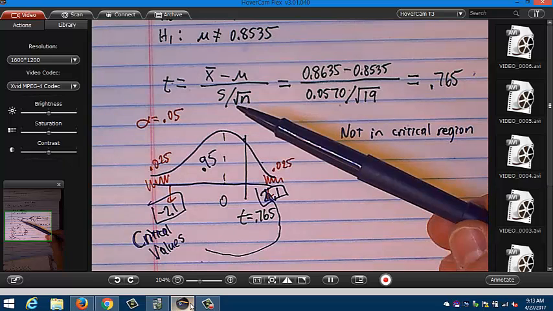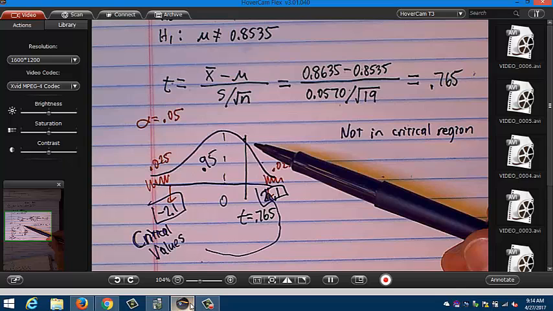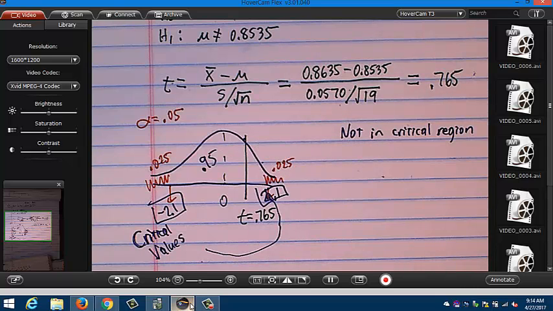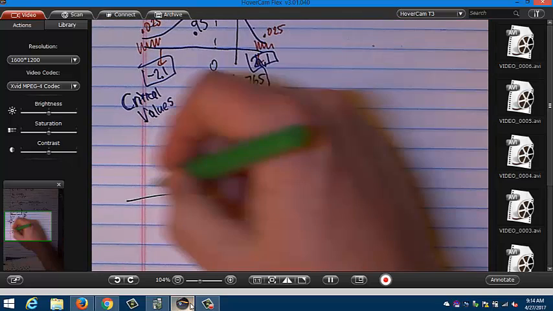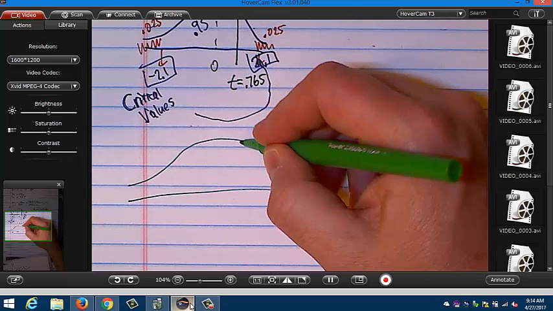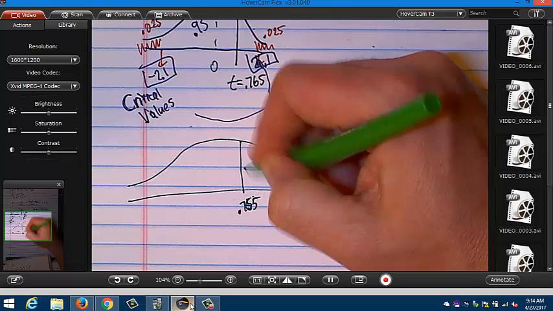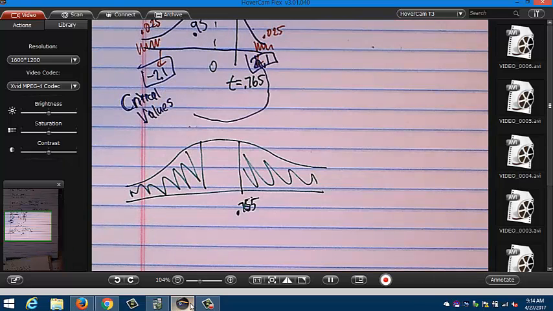You multiply by 2 when you're computing the p-value, right? Because when you compute the p-value, it looks like this. Here's the same picture. Here's the test statistic, 0.765. So it would be all this plus all that. I don't know what your p-value is, but it's going to be a lot bigger than 0.05.